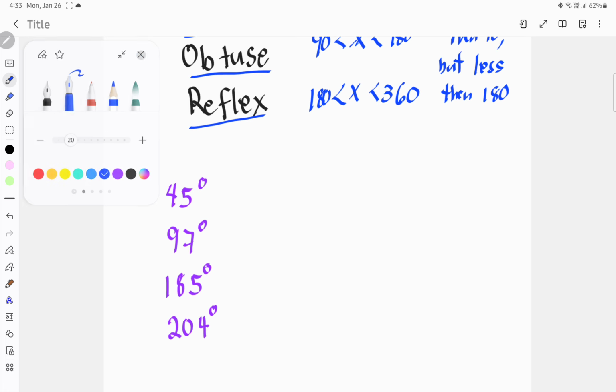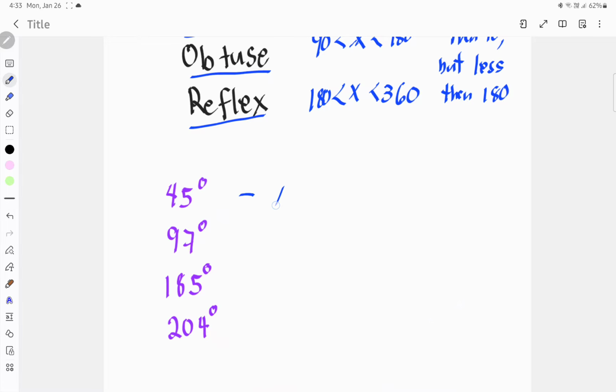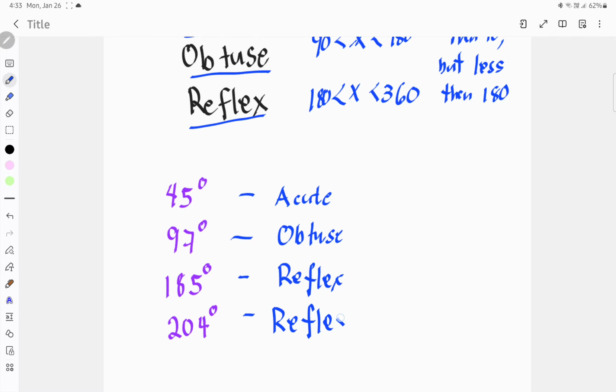So 45 is acute. 97 is obtuse. 185 is reflex, and 204 is also a reflex angle.